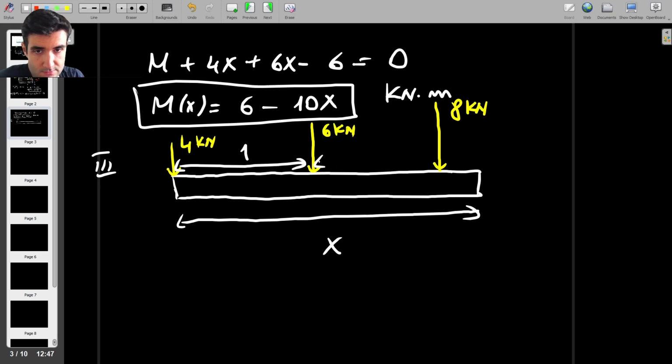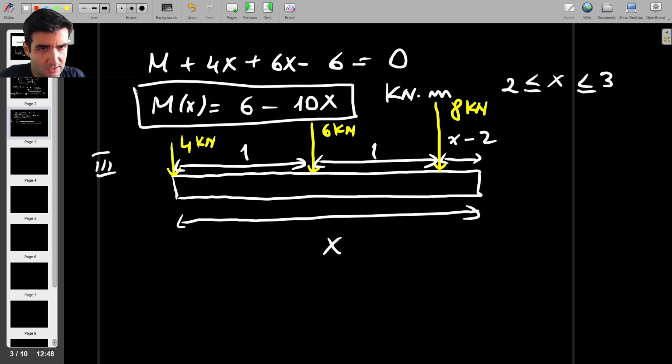This is 1, this is 1, which means this bit here is going to be x minus 2, right? Because in this case, my x is going to be greater than 2, but less than 3. I can say less than or equal to 3. And then we have the shear force, and then, of course, the bending moment, like this.